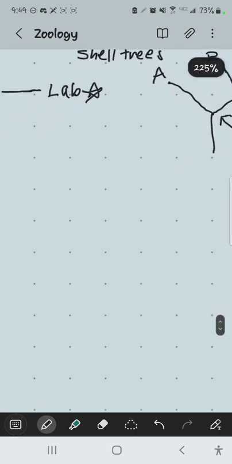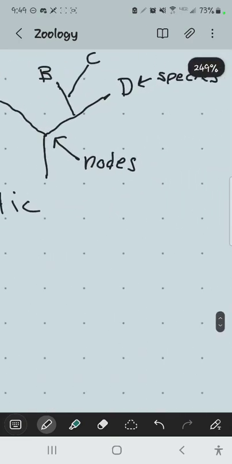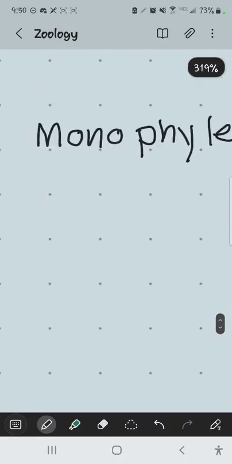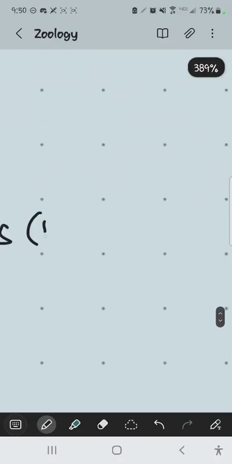What monophyletic means: mono means one, right? And phyletic means history, or one kind of evolutionary history. So you basically want to have groups that have a single common ancestor. What this basically means is a single common ancestor for whatever group you have.